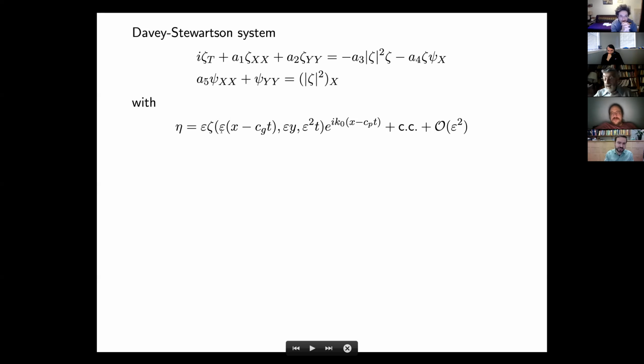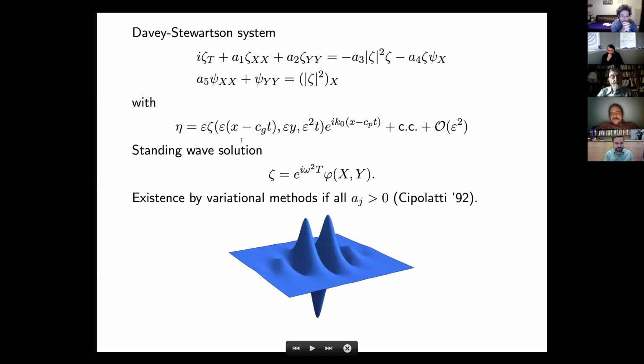So zeta will be a decaying modulation. The Davey-Stewartson equation is actually slightly simpler if you go to infinite depth, because then you just get the 2D NLS equation.